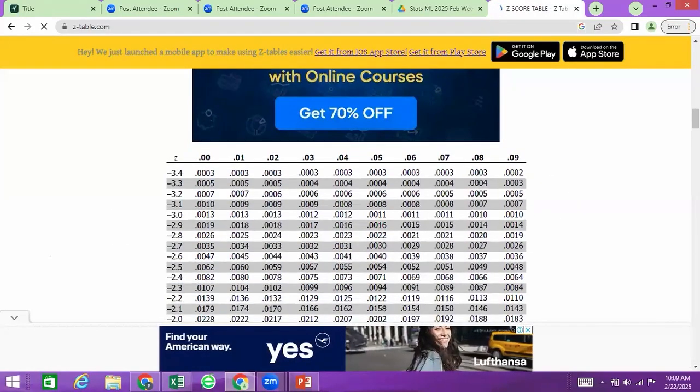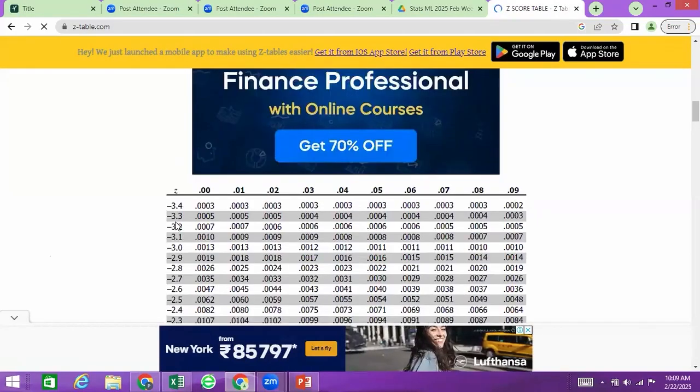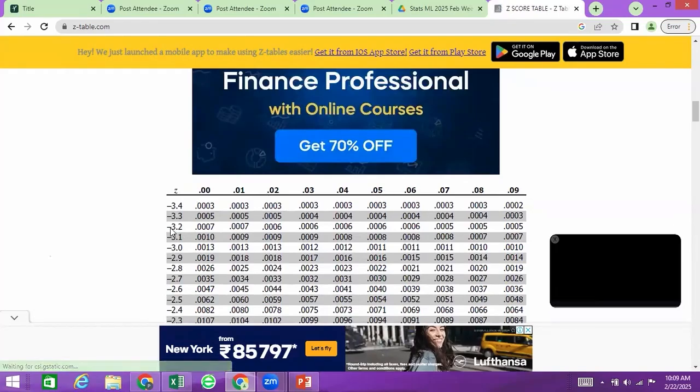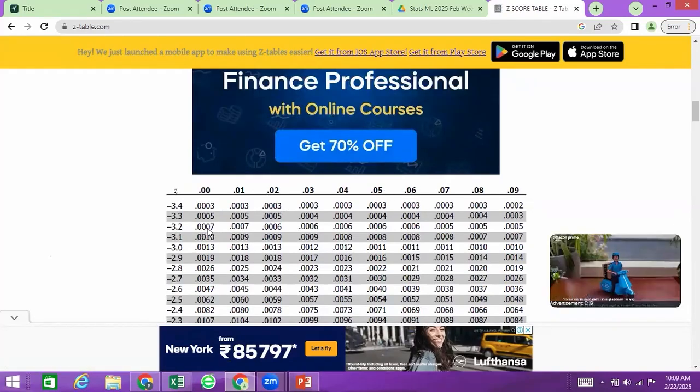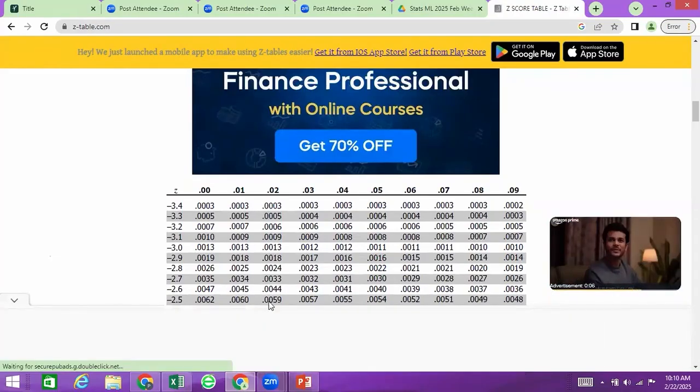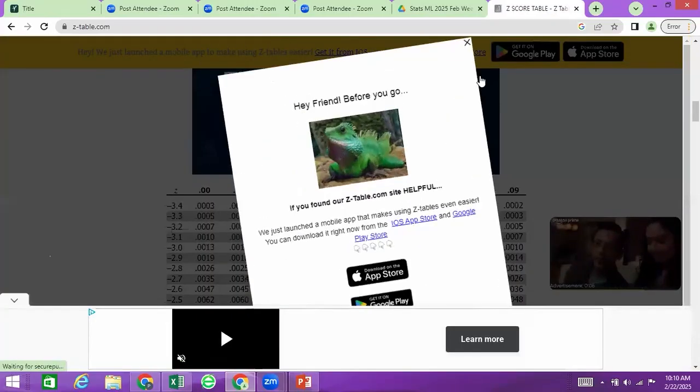See, the values have started. This is till one decimal point. If you want to go to the second decimal point, this is the second decimal point. Let's say, for example, this is minus 3.2. This is minus 3.21, minus 3.22, minus 3.23, and so on. This value is for minus 2.5, minus 2.51, minus 2.52, and so on.